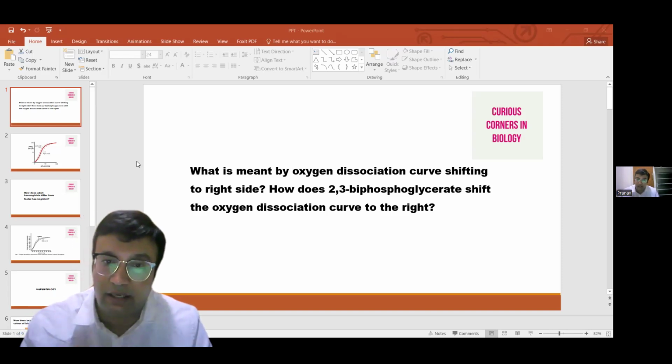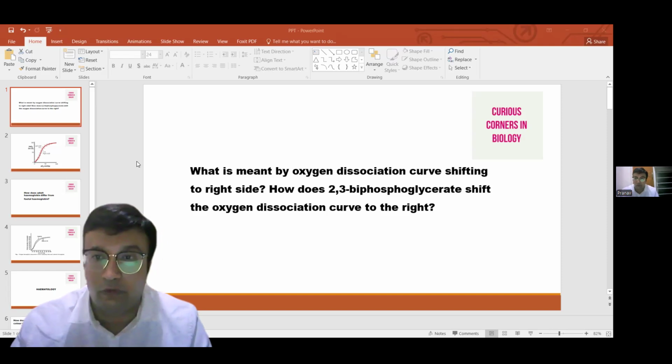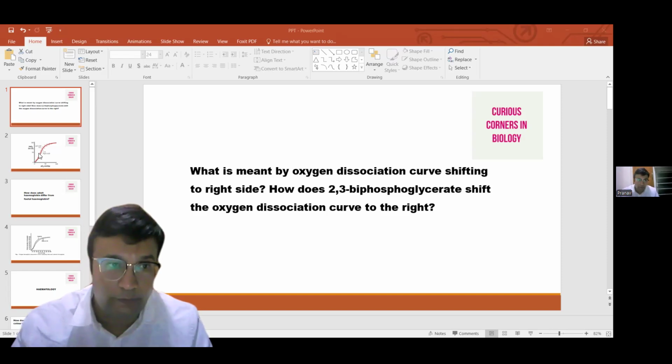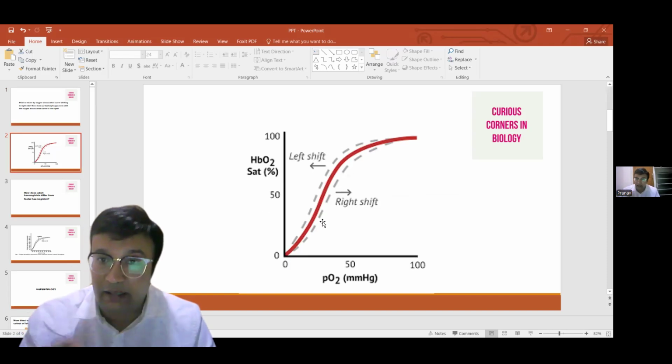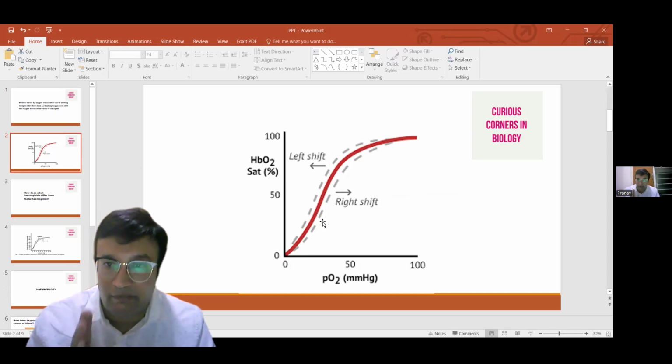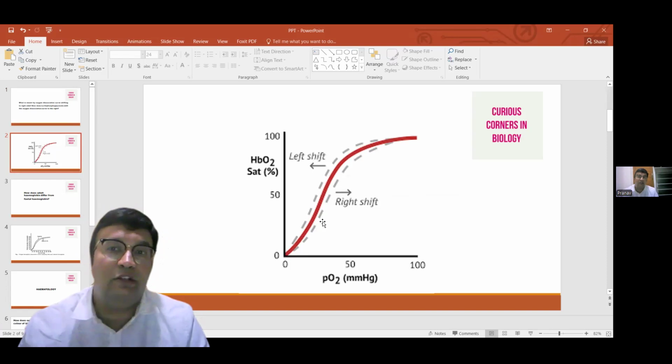And this trigger is 2,3-bisphosphoglycerate. So, by this graph, we can understand that in the presence of 2,3-bisphosphoglycerate in RBCs, oxygen simply separates from oxyhemoglobin. That means hemoglobin will unload oxygen to the tissues.